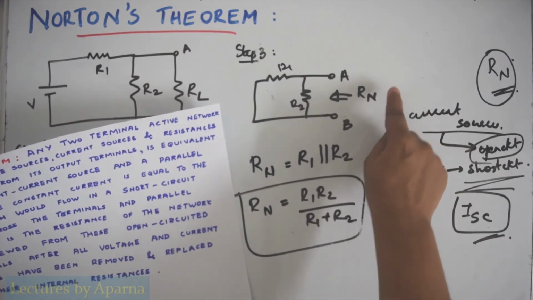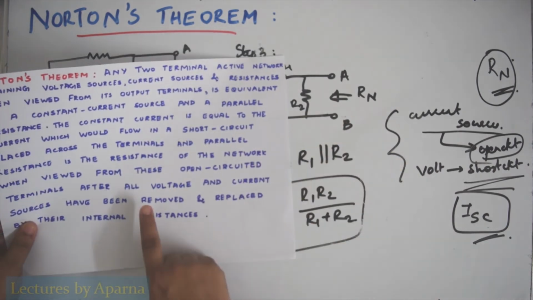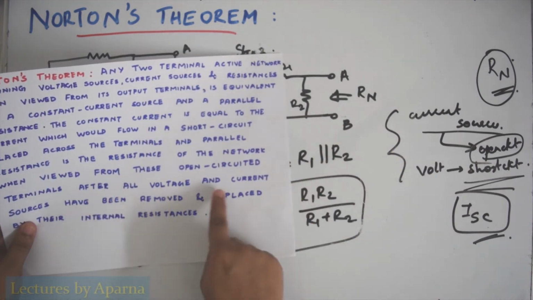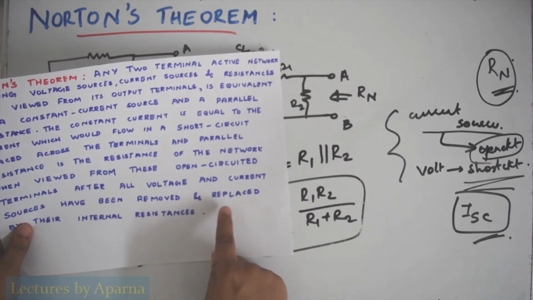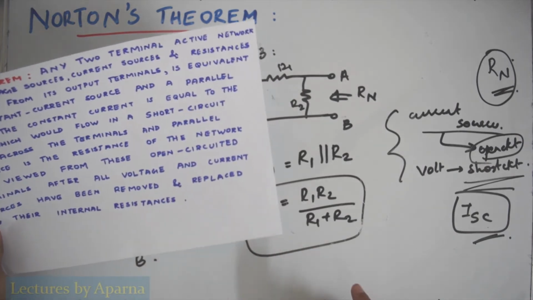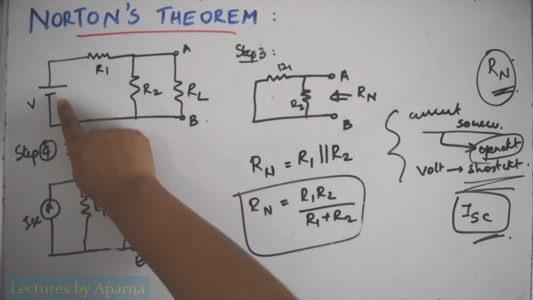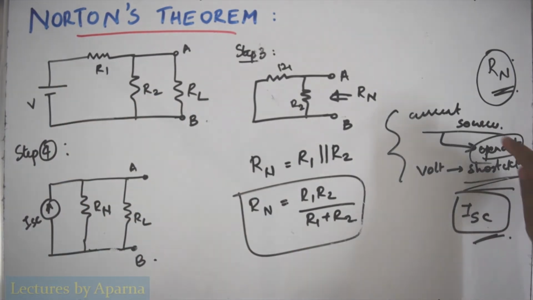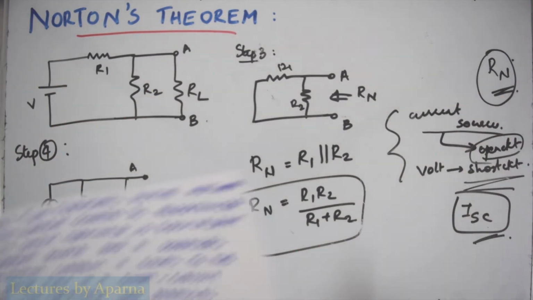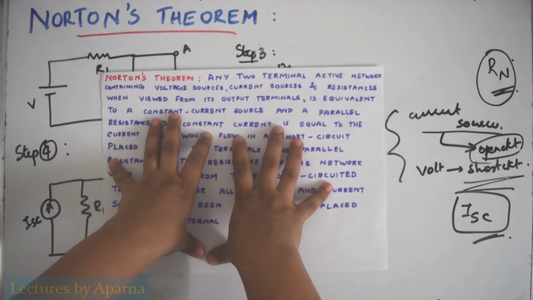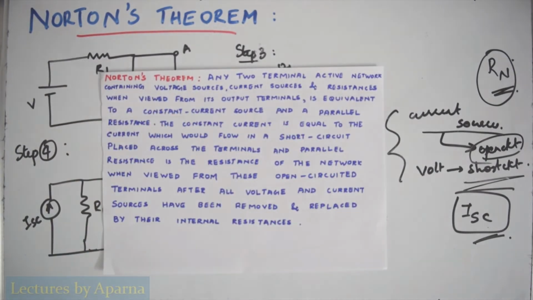That is, resistance viewed from these open circuited terminals after all voltage and current sources have been removed and replaced by their internal resistances. That is, by replacing the voltage source by short circuit and current source by open circuit. So that is what Norton's theorem says.